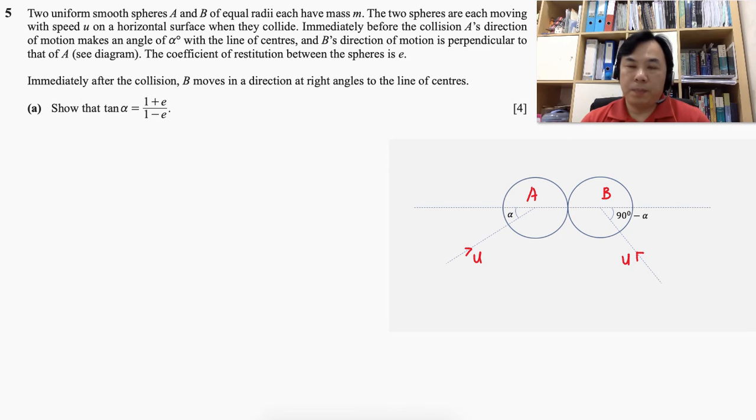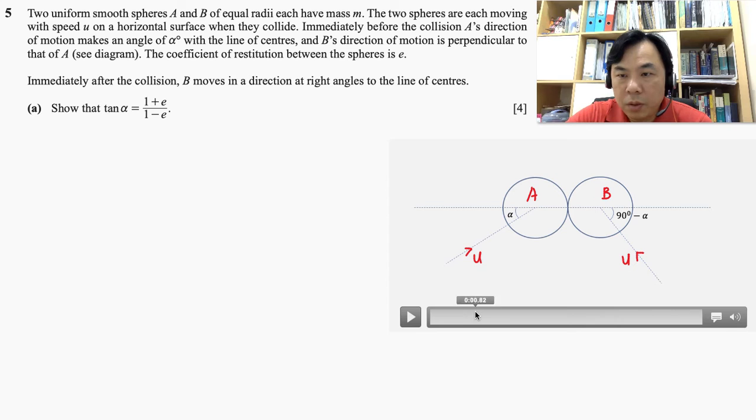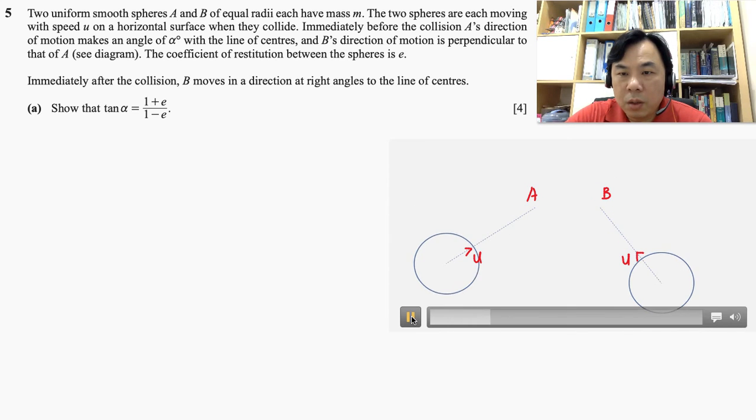So don't forget after the collision, B actually moves vertically upward in this case. Let me see whether I have that diagram with me or not. Okay, let me show you one more time.